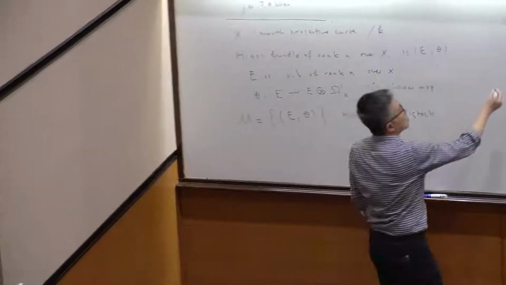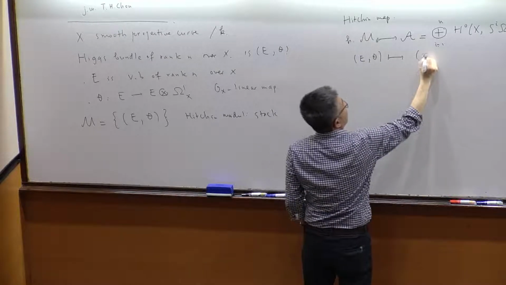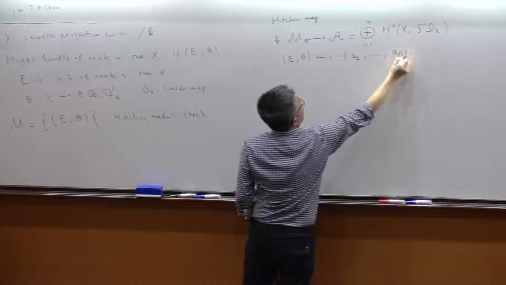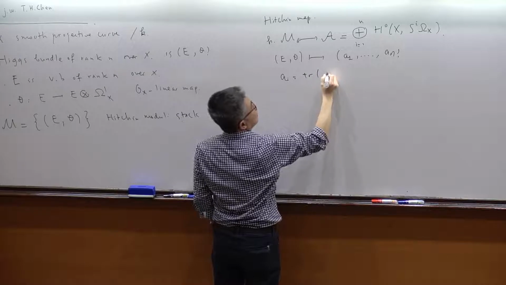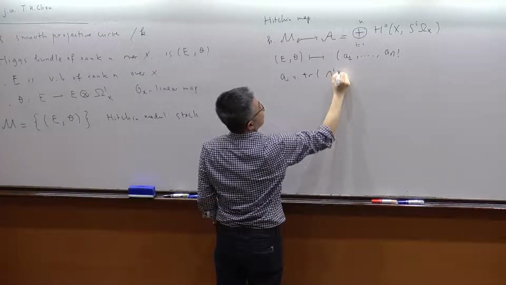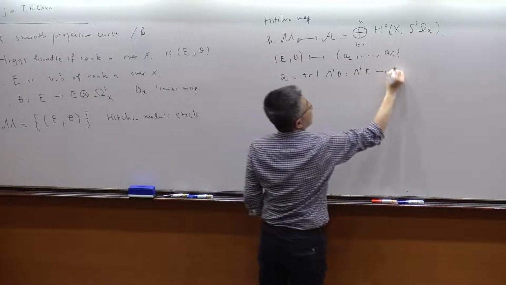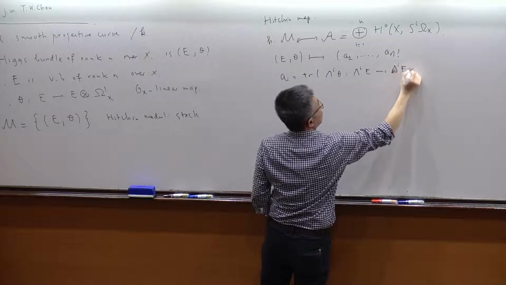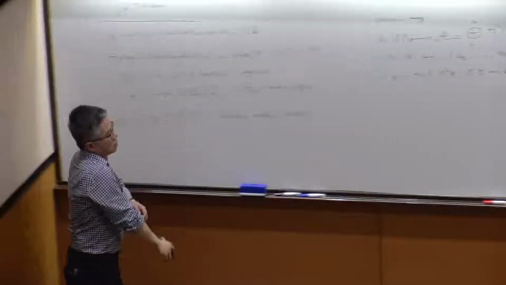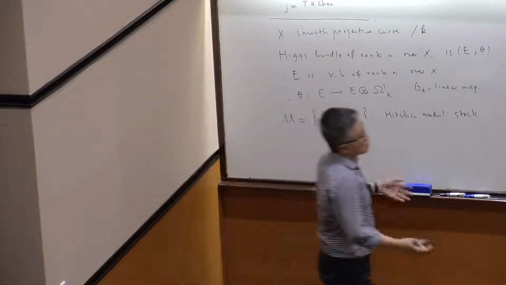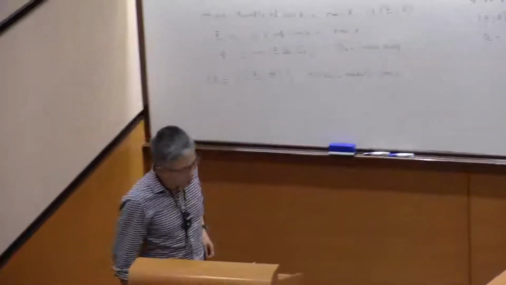It maps (E, theta) to (a_1, ..., a_n), where a_i is the trace of wedge i of theta, which goes from wedge i of E to wedge i of E twisted by the symmetric power of omega_X. So with the exterior and symmetric tensor setup, in the trace you get this symmetric differential form, and this is the map.